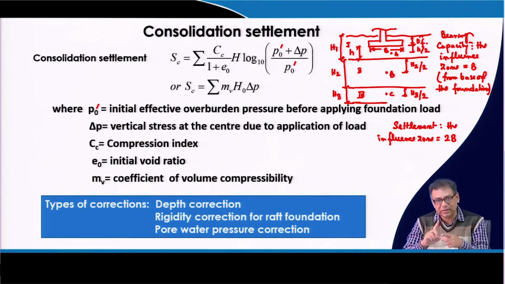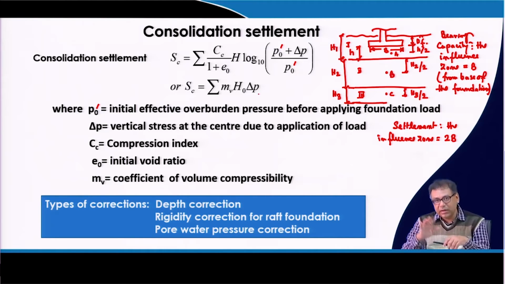In such a case, you divide a particular layer into a number of zones or layers. For example, you divide layer 2 into, say, 3 more layers, and then take the point at the middle of those 3 layers. Then you do the calculation, the same process that I will show.